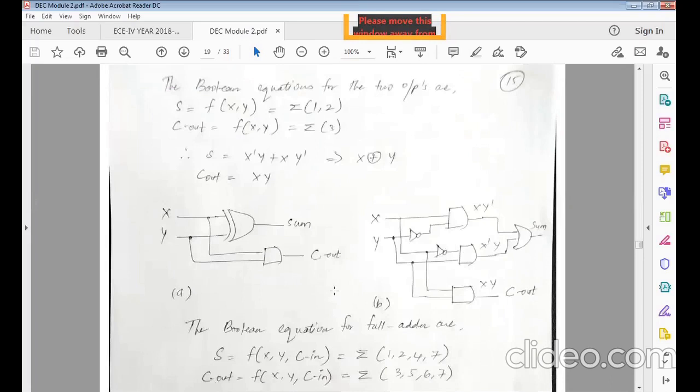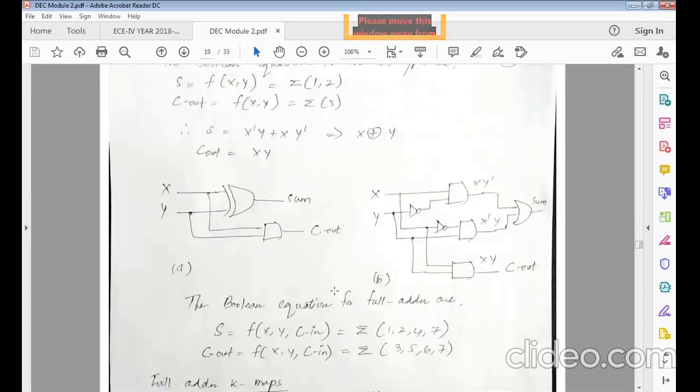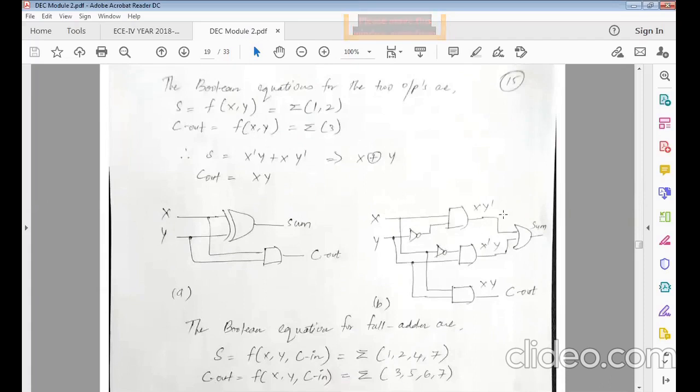And the other way that you can also do is, you can take x y bar, then x bar y, that is without XOR gate. y passes through an inverter, I get y bar. So x and y bar gets multiplied, I get x y bar. Similarly, x bar and y both are added, I get sum.